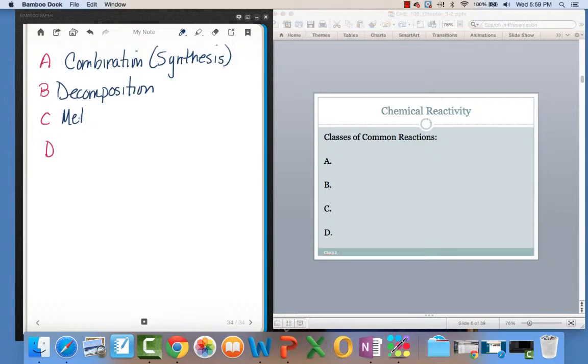Metathesis, this is going to be a new word for you. And these are just your double replacement. And combustion.